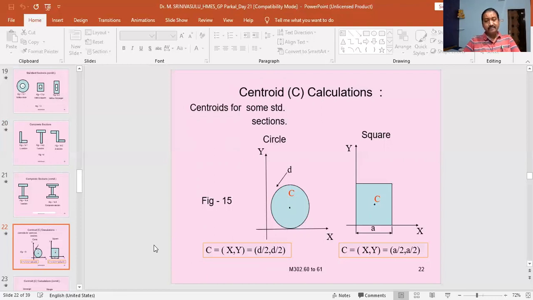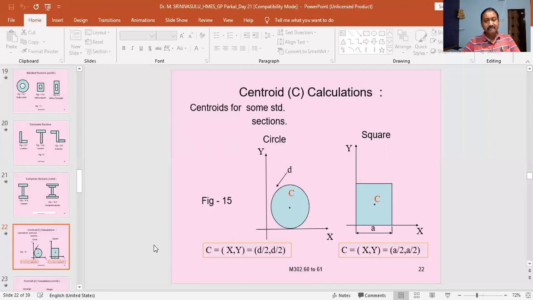Here the circle is touching the x and y-axis, but actually in the figure it is not touching, but generally we assume that the circle is touching the y-axis also. Now the centroid, that is the x coordinate and y coordinate, is denoted by x bar and y bar, or sometimes x y. That is the x coordinate value and y coordinate value.